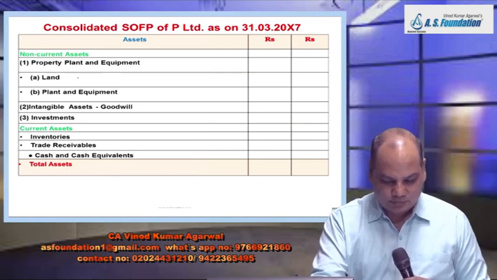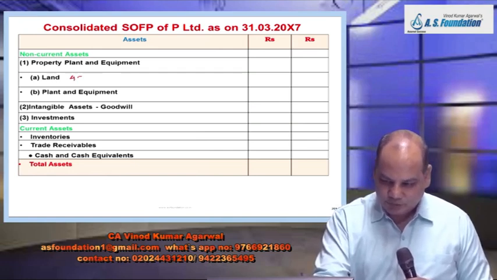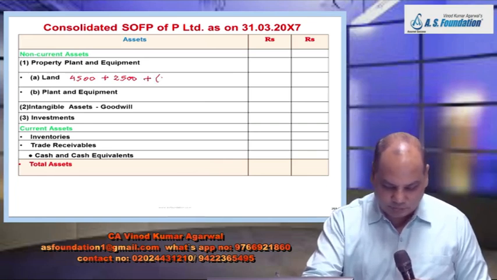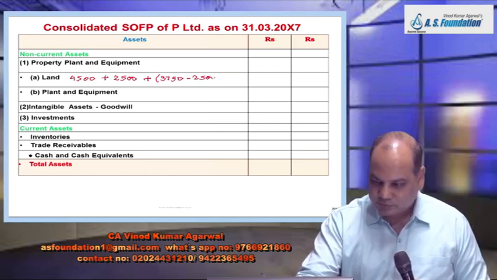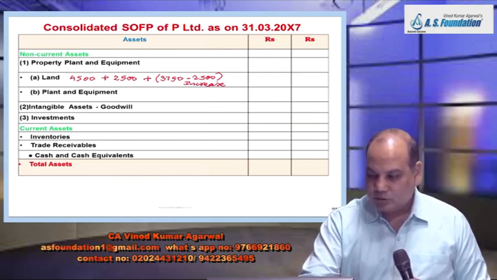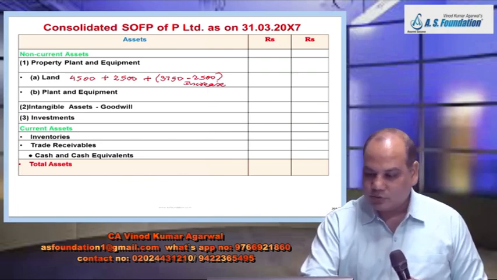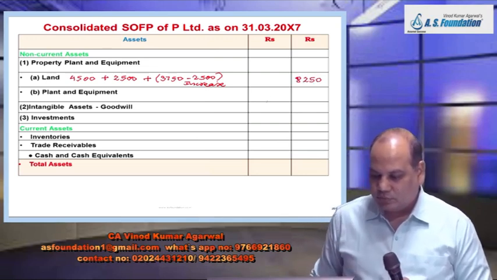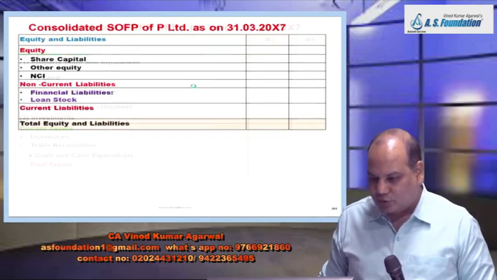First you write down here, parent company 4500, subsidiary company 2500, then increase in value 3750 minus 2500, increase in value 1250. So the final figure is how much? 8250.